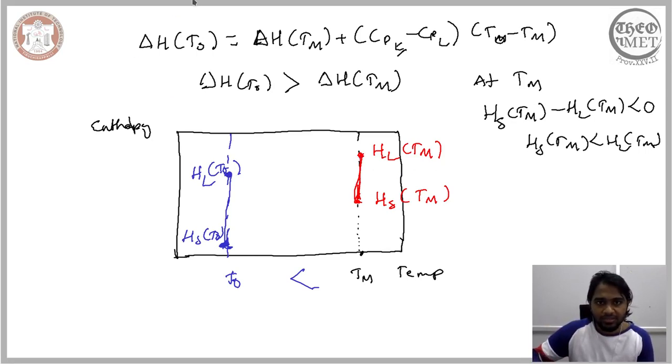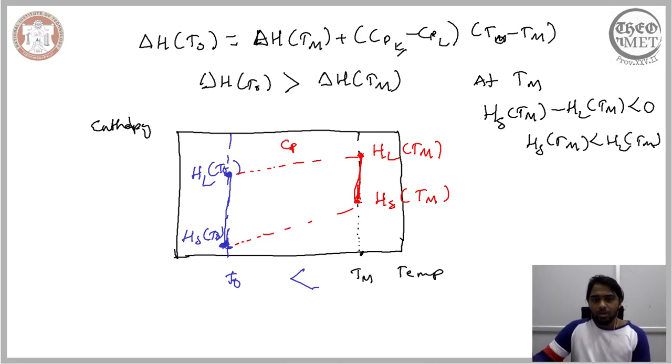And we have already considered moving the system from Tm to T0, and that helped us introduce the constant Cp. So this non-isothermal change in the temperature helped us introduce the Cp and relate HL, the enthalpy of liquid at the higher temperature Tm, to the enthalpy of liquid at lower temperature. We related these to the material constant here.